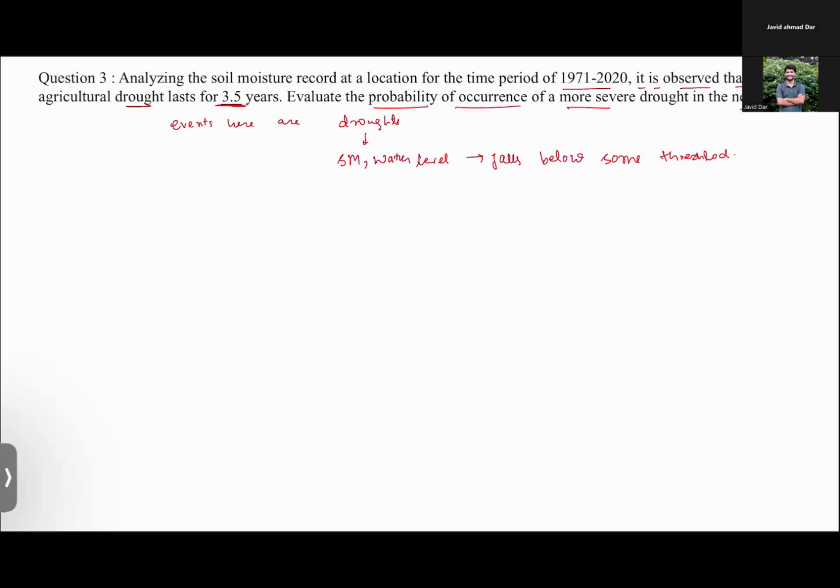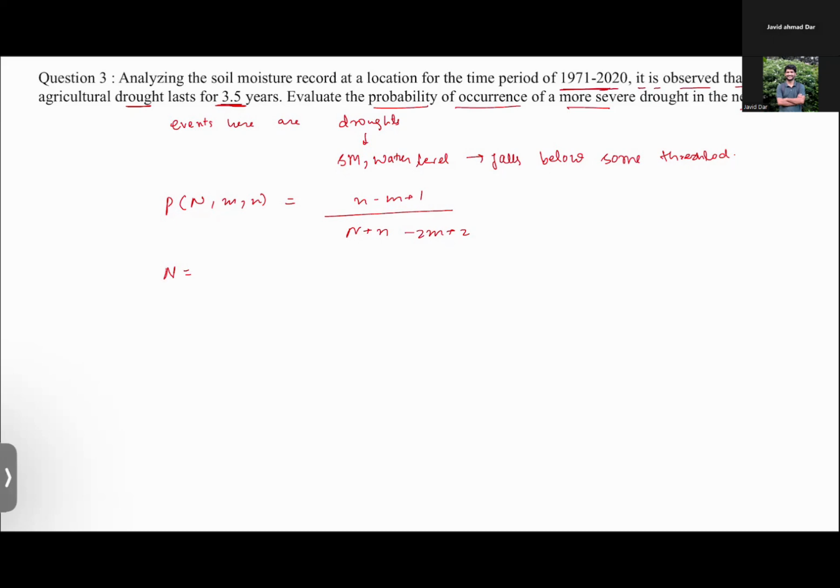This is a similar case to what we read earlier, that the probability of occurrence is (N minus m plus 1) divided by (N plus n minus 2m plus 2). Now the important thing to note here is that your capital N is the time period in which you are analyzing.